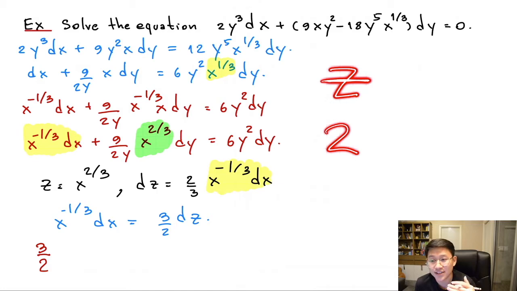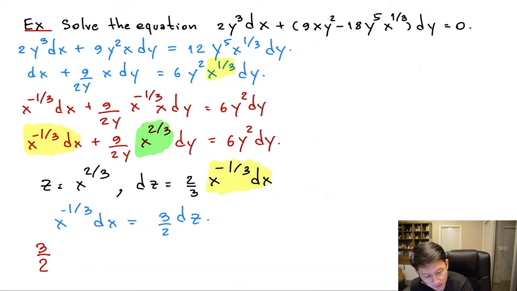So that's the difference between 2 and z, okay? I know it's a tiny difference, but still different. So it's 3 divided by 2 dz plus 2yz dy equals 6y squared dy.